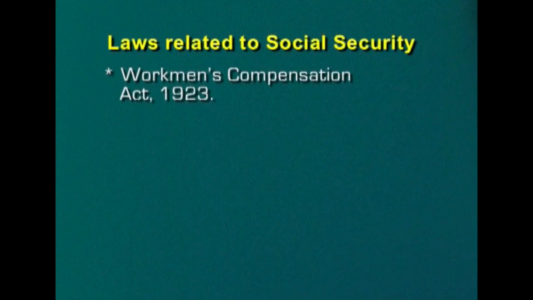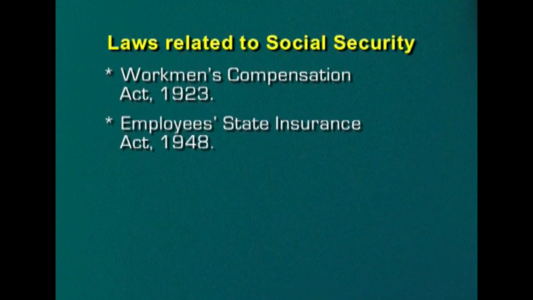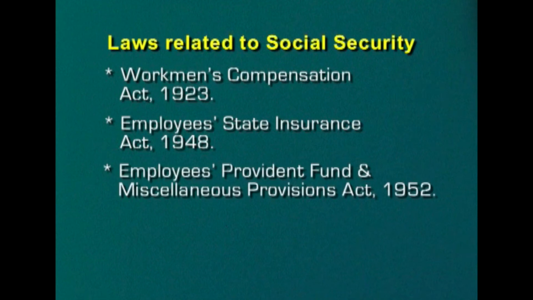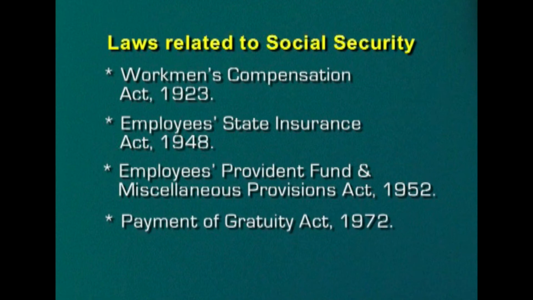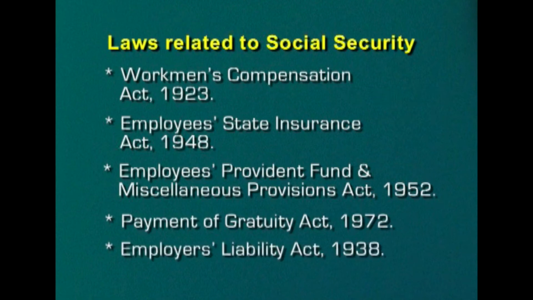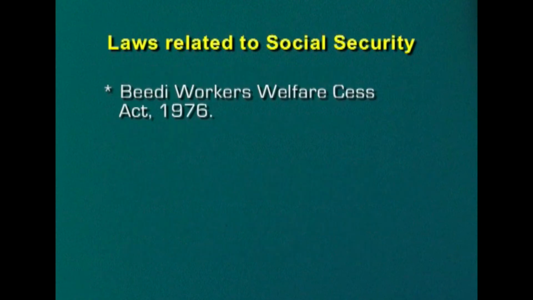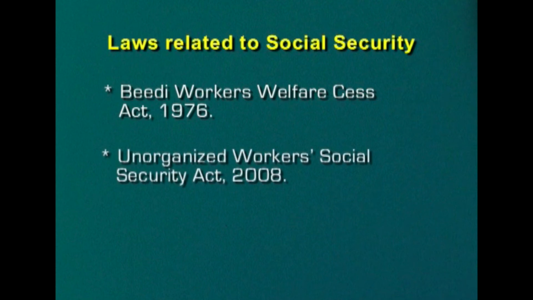The laws related to social security include Workmen's Compensation Act 1923, Employees State Insurance Act 1948, Employees Provident Funds and Miscellaneous Provisions Act 1952, Payment of Gratuity Act 1972, Employers Liability Act 1938, Beedi Workers Welfare Cess Act 1976, Unorganized Workers Social Security Act 2008.